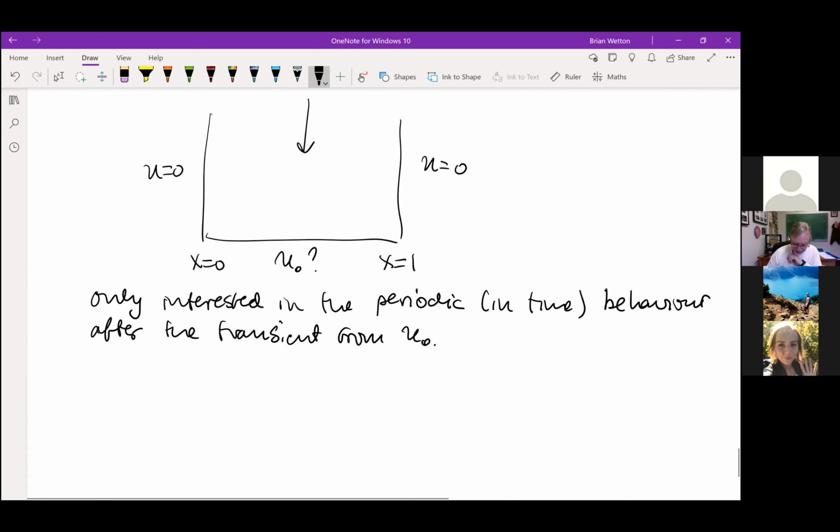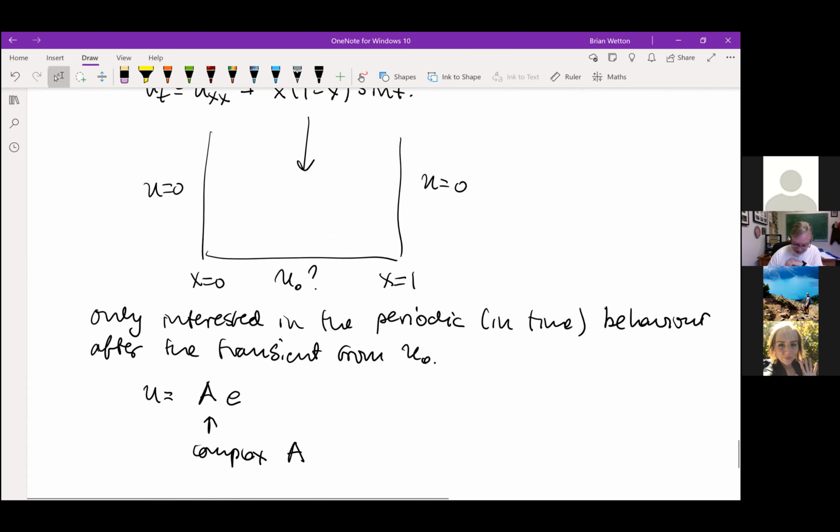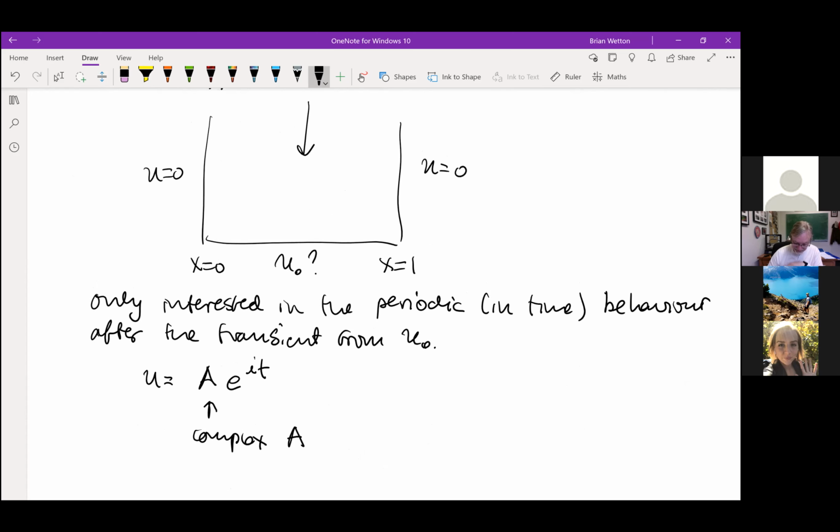So what we would want to do is to take U is A, complex A, e to the, what period did I give? Oh, sine t, so e to the it, right? This is what we want to solve for.